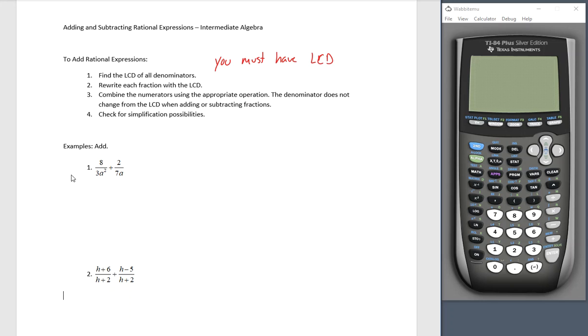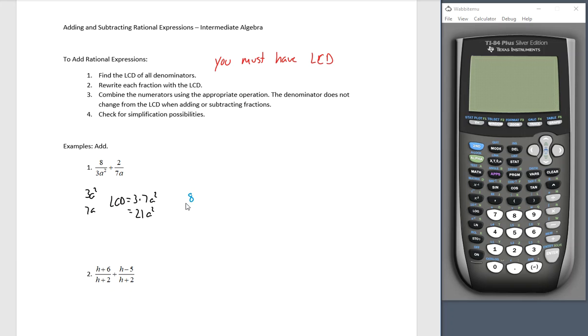All right, so I look at 3a squared and I look at 7a, and it looks like my least common denominator must have a 3, must have a 7, and it has to have a squared. So we're going to call that 21a squared. Fantastic.